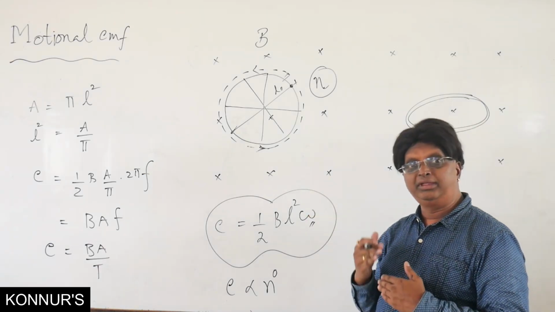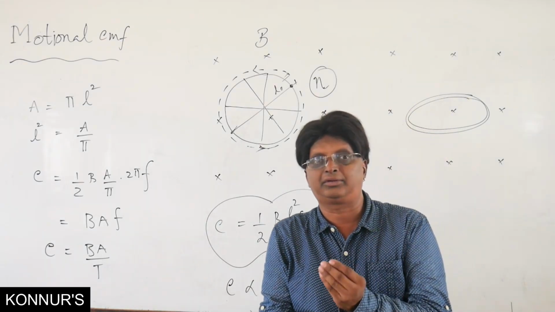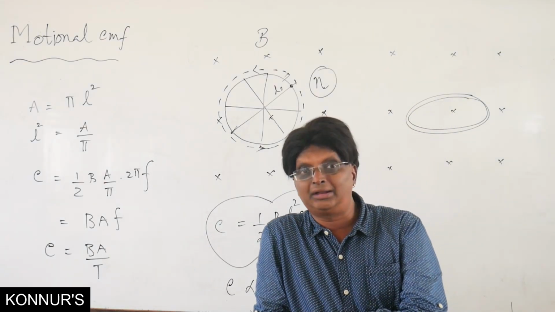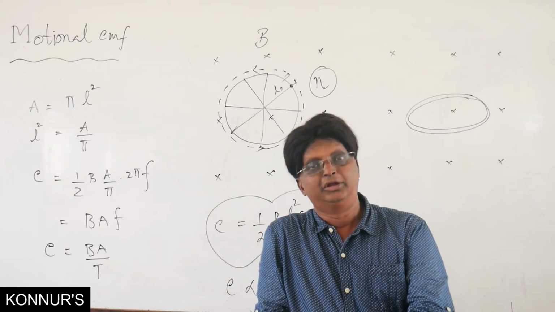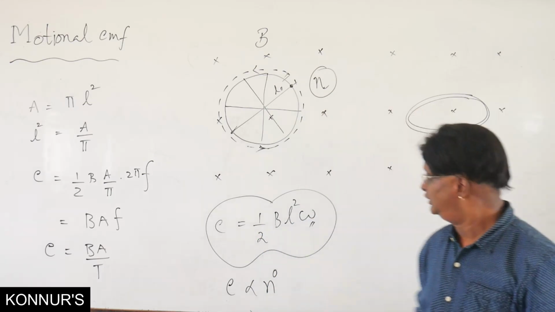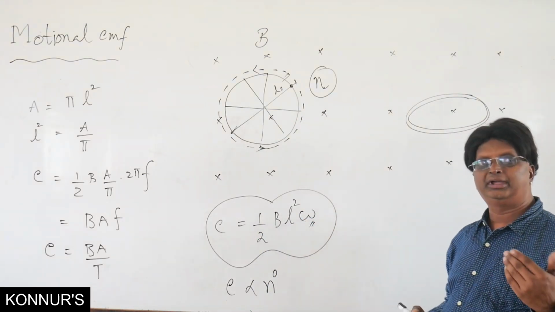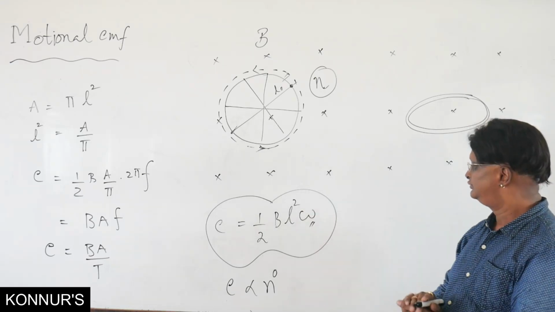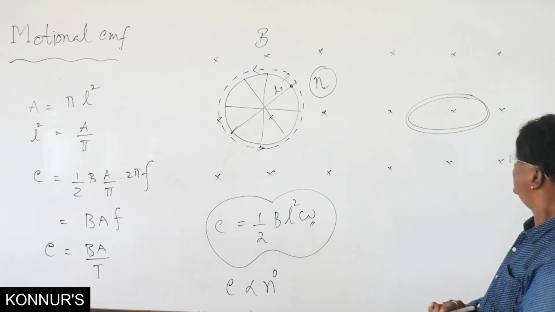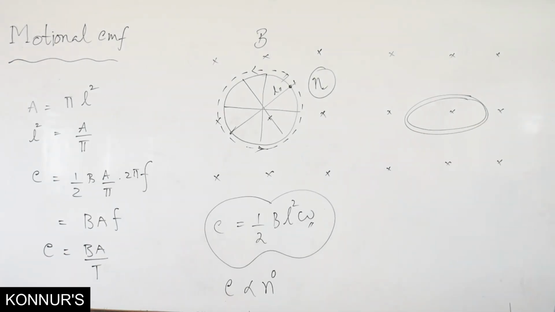Even in such a case, we can assume that the disc is made up of a large number of radial elements, each radial element acting as a rod. Even for that you will get the same expression. There, instead of L we will call it the radius, capital R. Now the most important point in these examples is the axis of rotation.